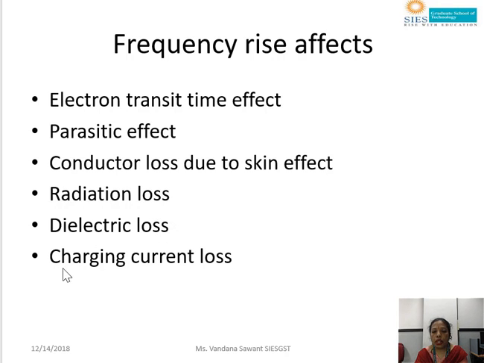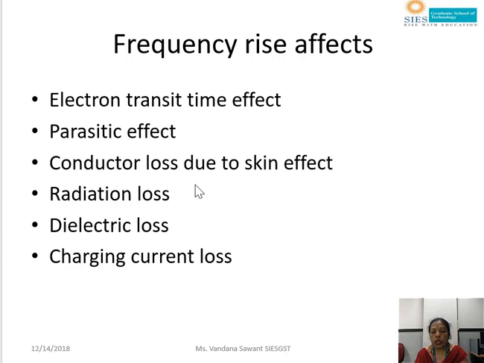Then there are charging current losses. Whenever we use a dielectric material, the leads and all these create capacitances in the circuit at high frequencies. Wherever capacitance is present, we need to charge it for a transit time, and the power wasted in charging these capacitances is called charging current loss.